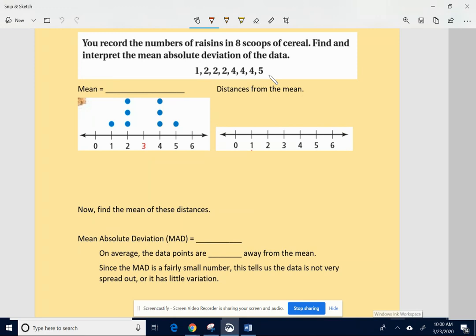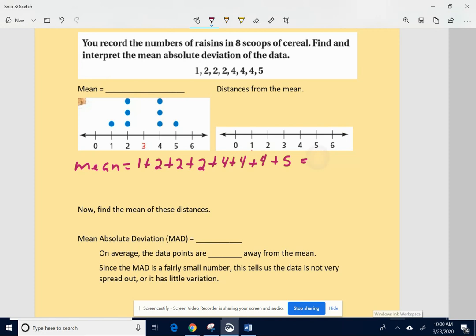What we want to do first is figure out the mean, because we need to find the distance from the mean of everything. You know how to find the mean: you add up all the data and you divide by the number of items. So we're going to add 1 and 2 and 2 and 2 and 4 and 4 and 4 and 5.